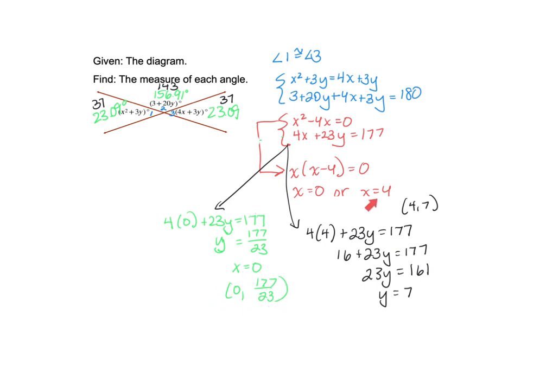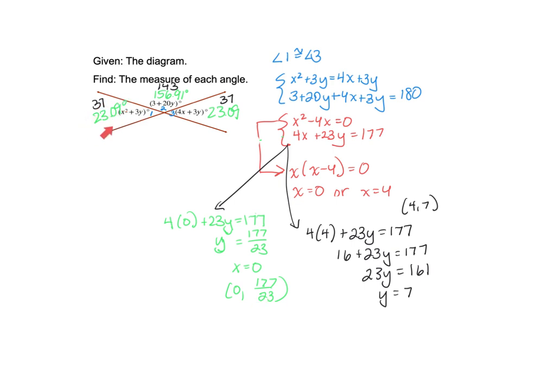Then I plugged in 4. 4 times 4 plus 23y is 177. I found y was 7. The second solution to the system is 4 comma 7. Now I have to find the angles. I do that by plugging back in. So the angles marked in green came from this solution. 177 over 23 I plugged in for y, 0 for x.